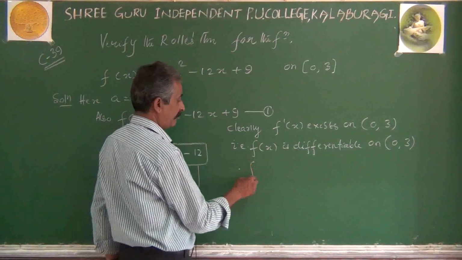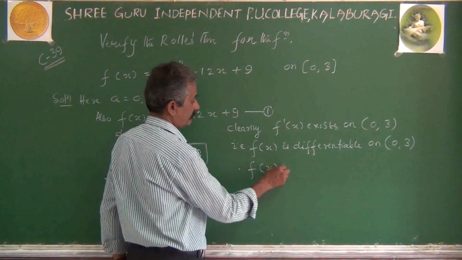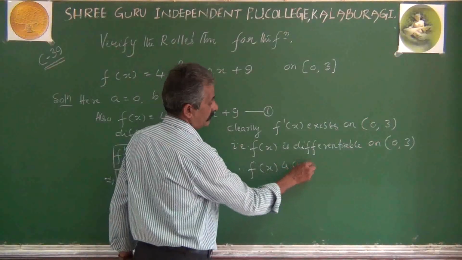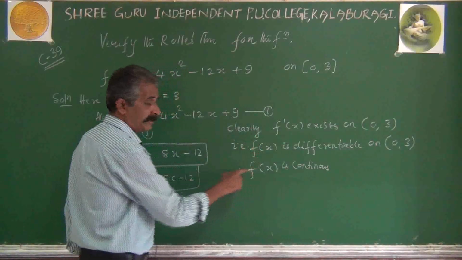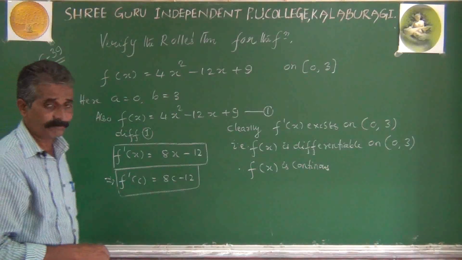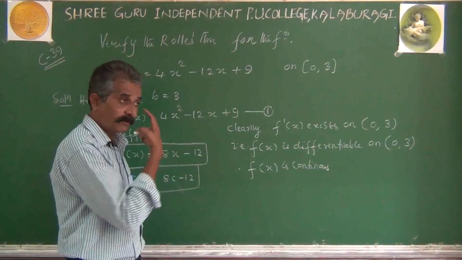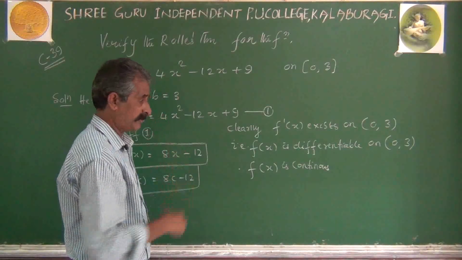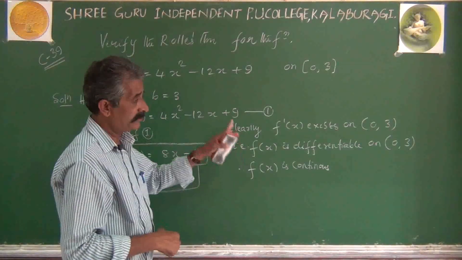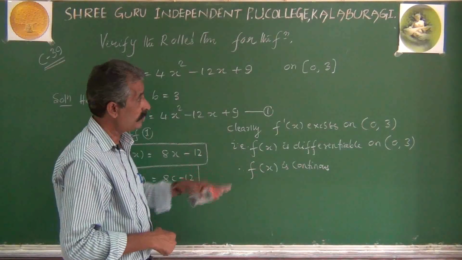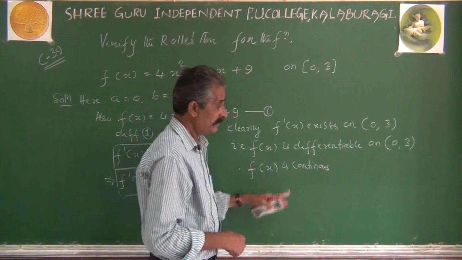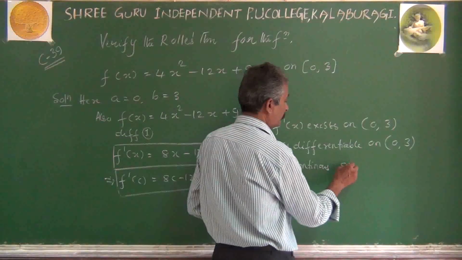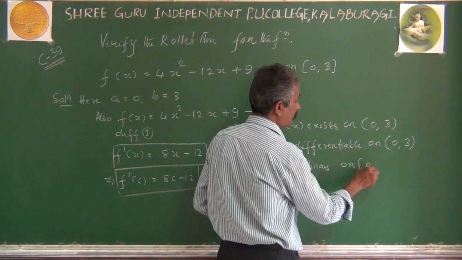Therefore, f of x is continuous. And bear in mind these conditions must be written in your examination paper to attain full marks. This will leave a good impression that you have good knowledge of this kind of concept. Very clearly, f of x is continuous on the closed interval 0, 3.